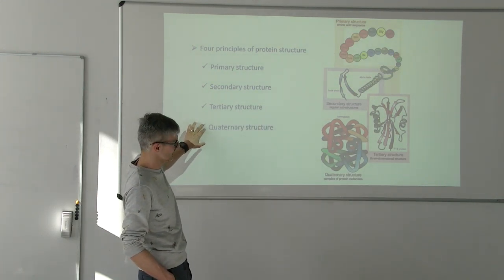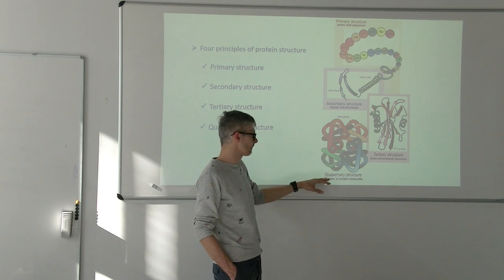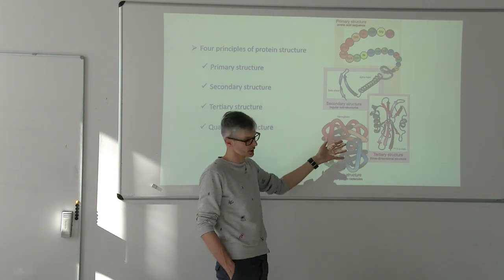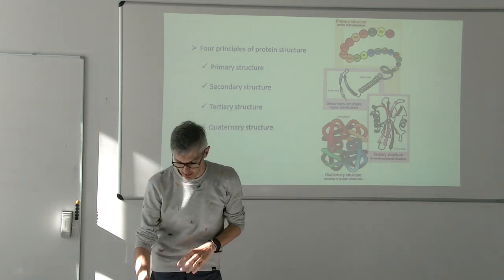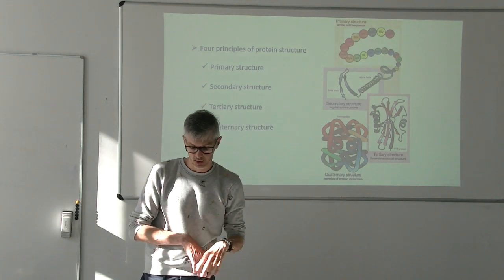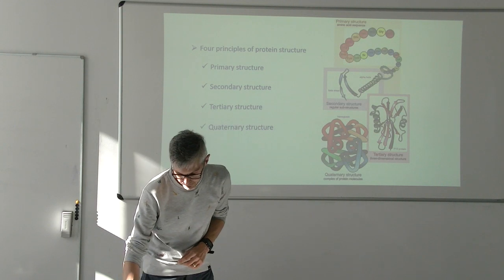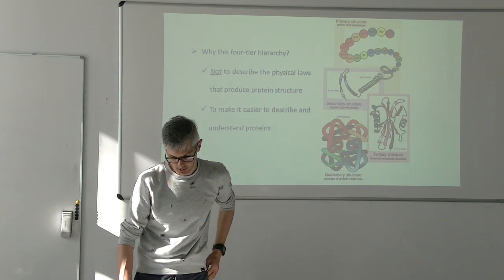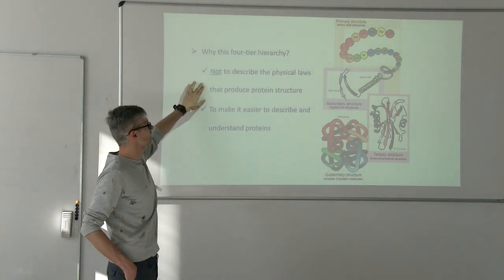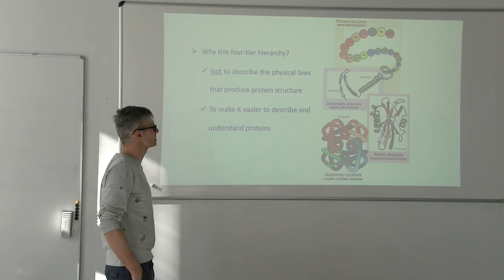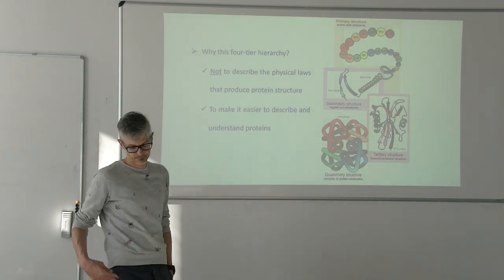The quaternary structure is where you have complexes of proteins. It can be the same molecules or different molecules, depending on whether you have a homodimer or a heterodimer, which would have the same or different molecules. So this is not to describe physical laws, but it just makes it easier to understand the protein.